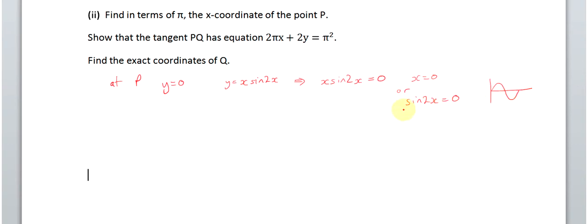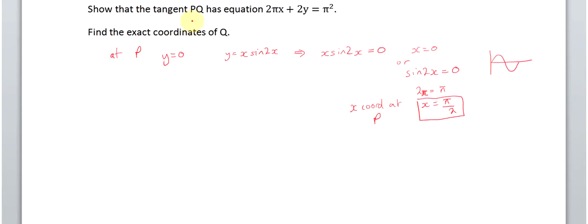If sine 2x equals 0, then 2x could equal pi, because we're working in radians, which means that x could equal pi by 2. And that is our answer to the first bit, the x coordinate at P. Okay. Not particularly clear, that one maybe, but hopefully you should be able to follow that.